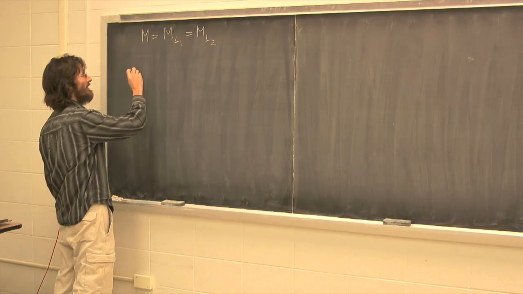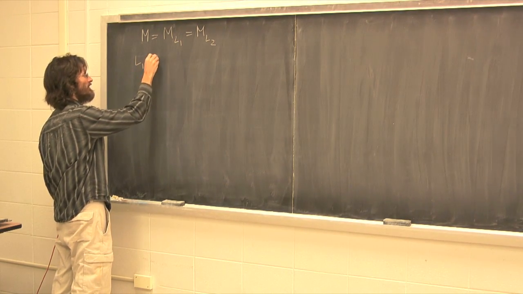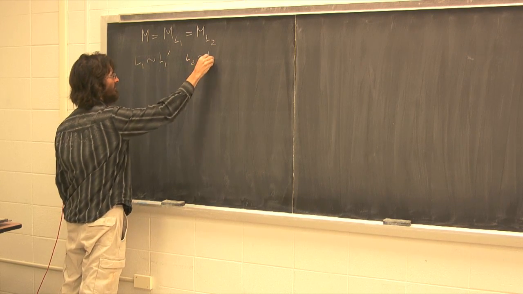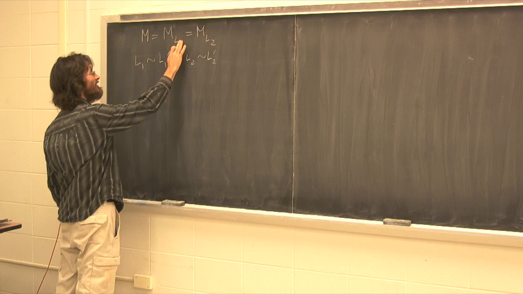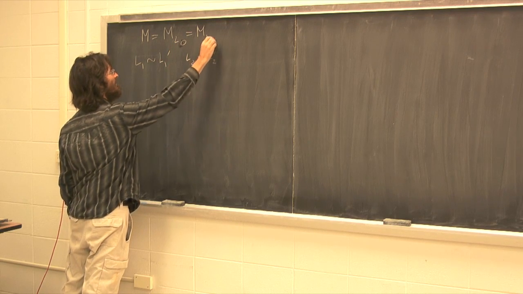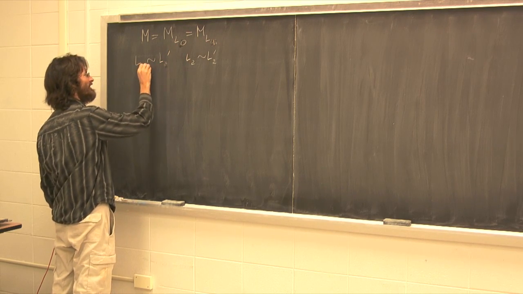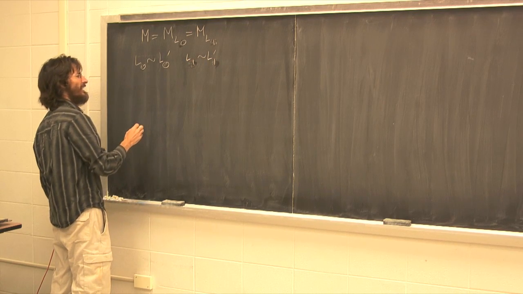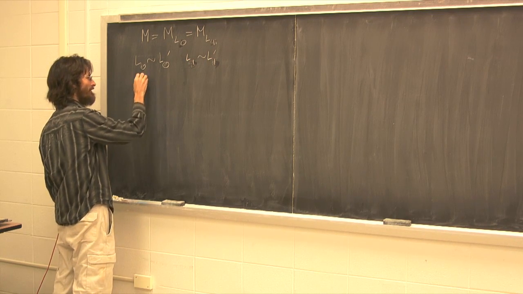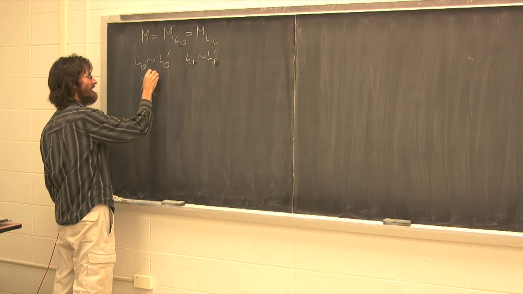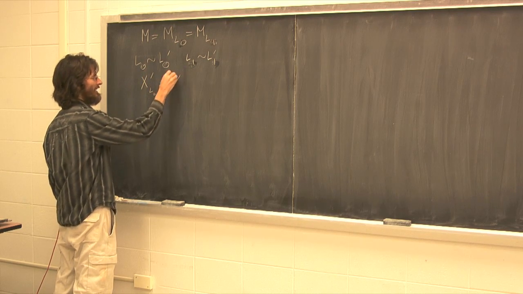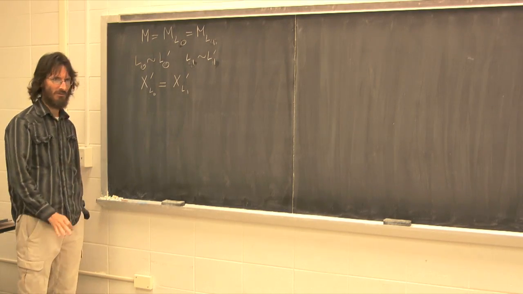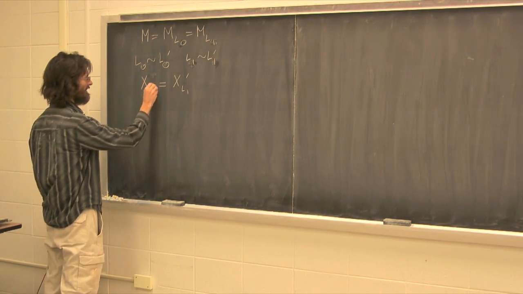So we know that L1 is equivalent to a link L1 prime, and L2 is equivalent to a link L2 prime, such that the 4-manifold XL1 prime is equal to the 4-manifold XL2 prime.